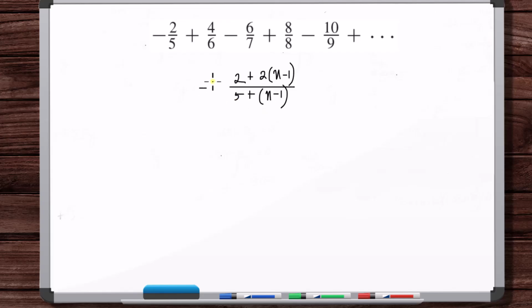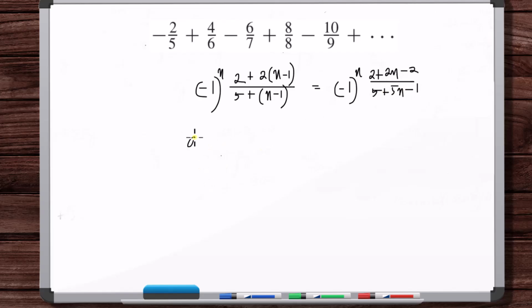And then we're starting with a negative value. So if we're starting at 1, then we want to put negative 1 to the n, because when n is equal to 1, we have this negative. So with n equal to 1, we end up with negative 2/5. So we've got 2 plus 2n minus 2 over 5 plus 5n minus 1.